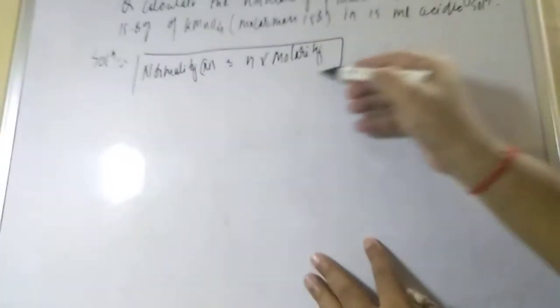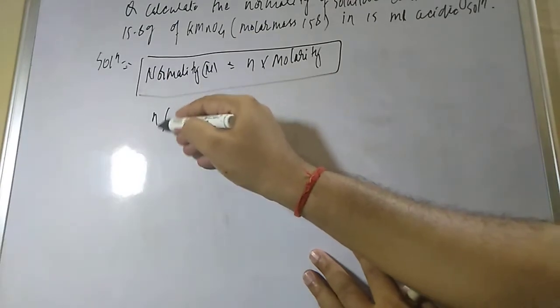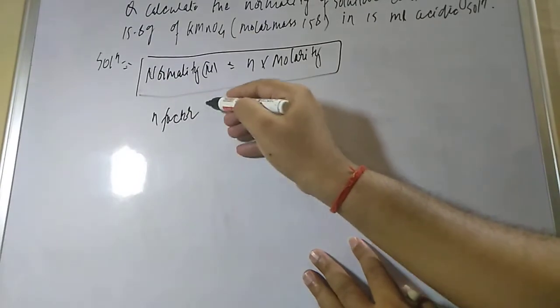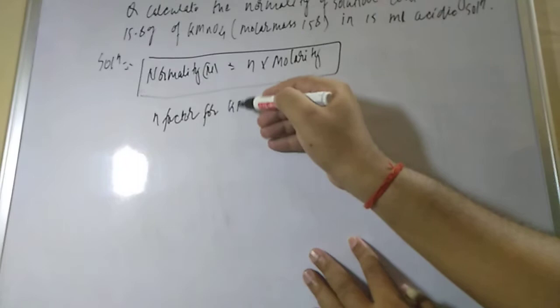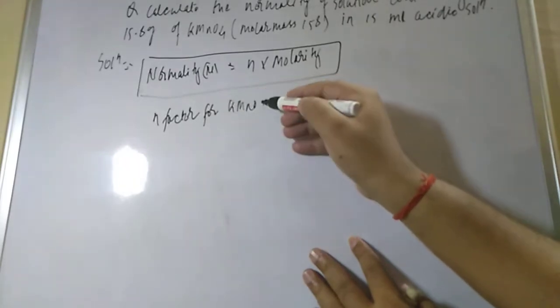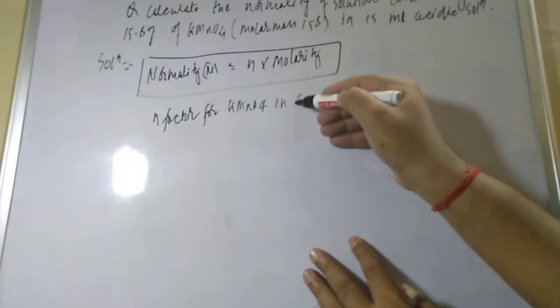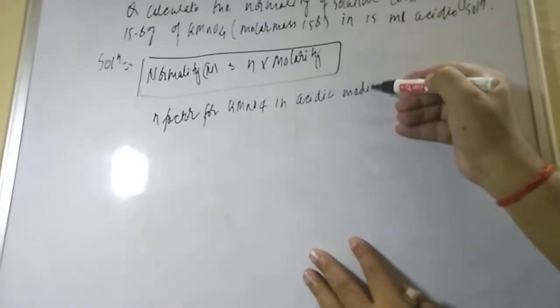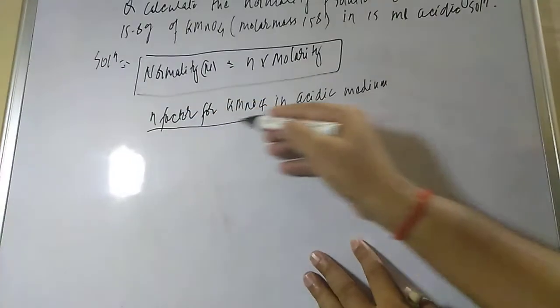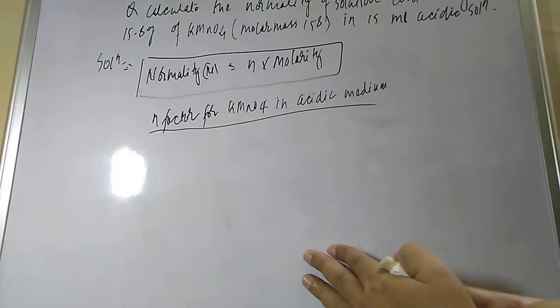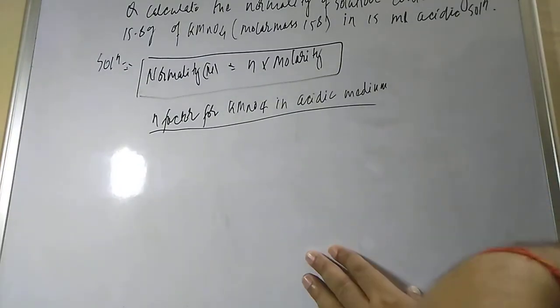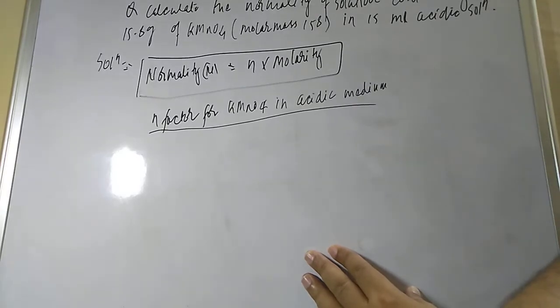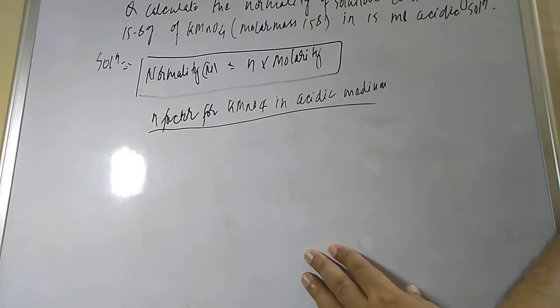First of all, let us calculate the n factor for KMnO4 in acidic medium. First of all, you should know in acidic medium what compound KMnO4 is converting into. KMnO4 is converting into Mn2+ ion in the acidic medium.